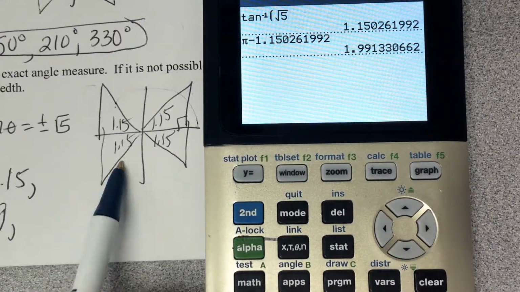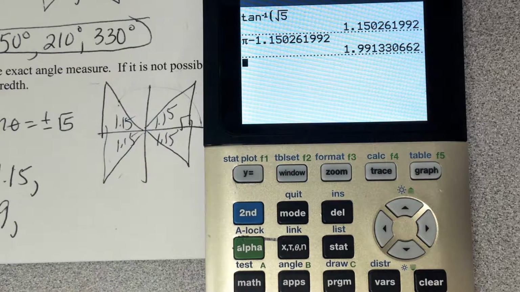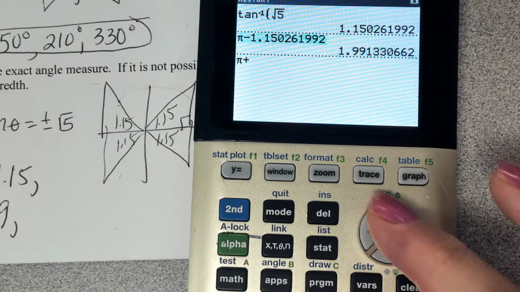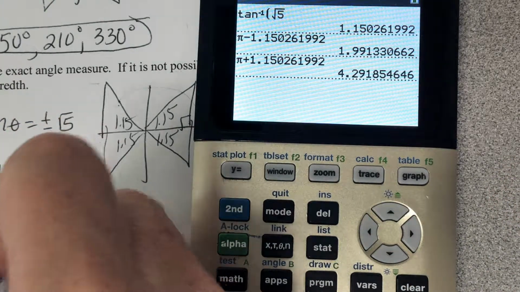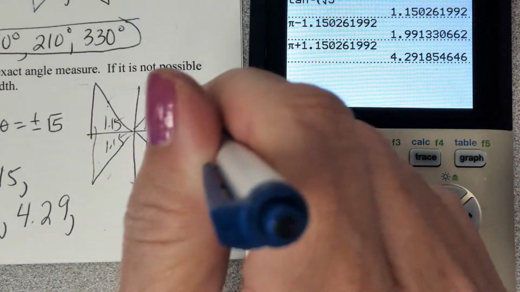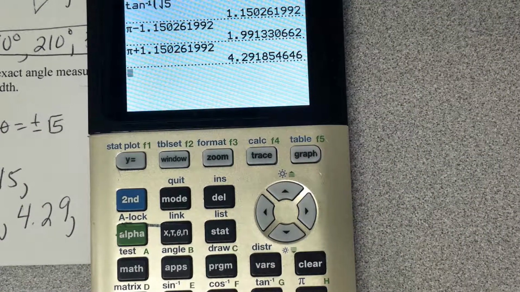What about in the third quadrant? How would we figure it out? Pi plus it. So I'm going to have to do pi plus, go up and get it, 4.29. And then what about in the fourth quadrant, to go from here all the way around to here? 2 pi minus.